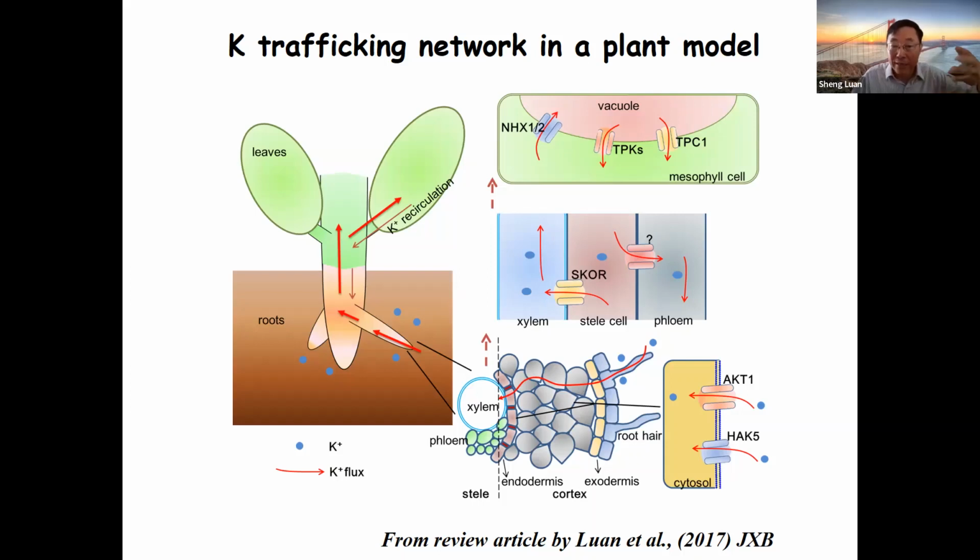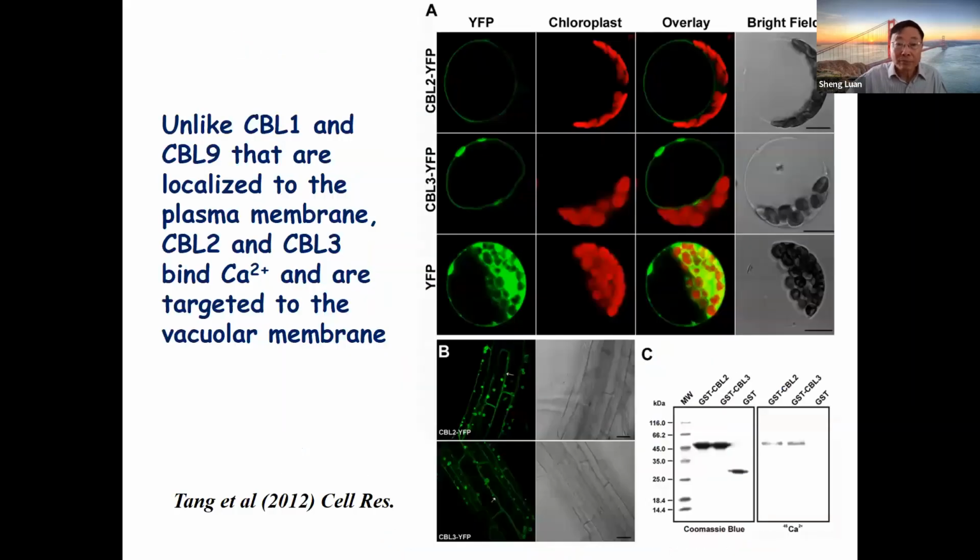Remember, there are many CBL-CIPKs. So let me show you some data here. Unlike CBL1 and 9, which I showed you earlier are localized to the plasma membrane and regulate those plasma membrane channels, CBL2 and 3 are very similar proteins, and they are both targeted to the vacuolar membrane. If it's not that clear, just believe me, they're associated with the vacuole.